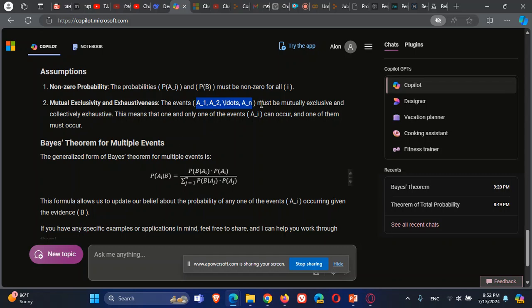Together they are mutually exclusive, namely, if one occurs, then the other can't occur. And they are exhaustive, namely, all together they make up the whole sample space. Those two are the assumptions we use.